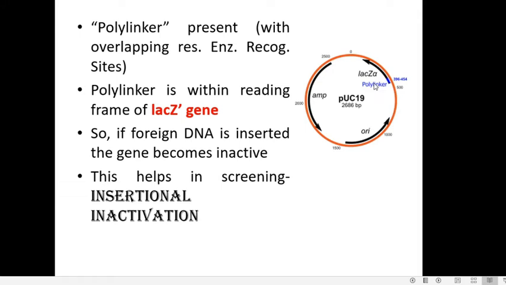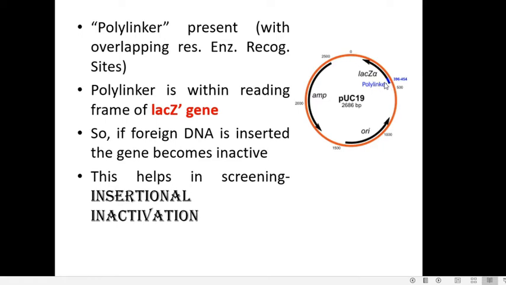But suppose you are cutting this region, this polylinker, with the enzyme EcoRI, and suppose you are inserting a foreign DNA in that region. Now what happens? The LacZ gene's reading frame is interrupted by the insertion of the foreign gene. Now it becomes inactive.